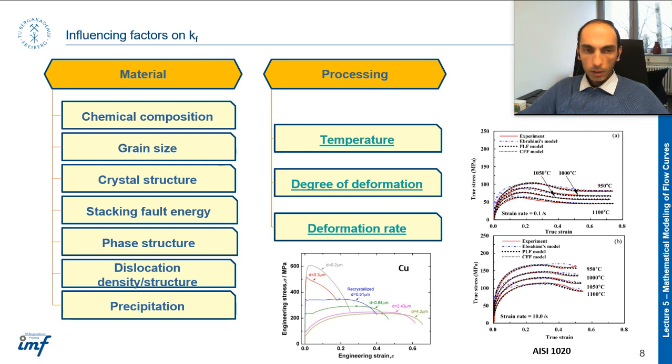Again, in detail we'll talk about how it affects the flow behavior of the material. And the last one is precipitation. Precipitation hardening is another famous mechanism for hardening or for increasing the flow stress, or on the other side, when the precipitate dissolves in the matrix, you will have a kind of softening.